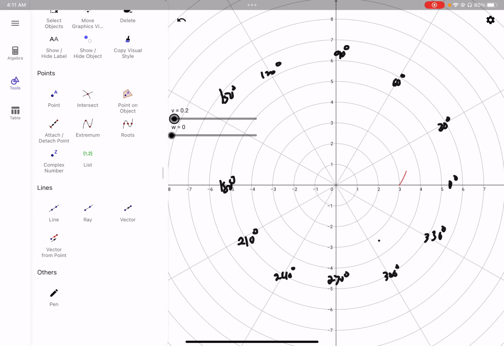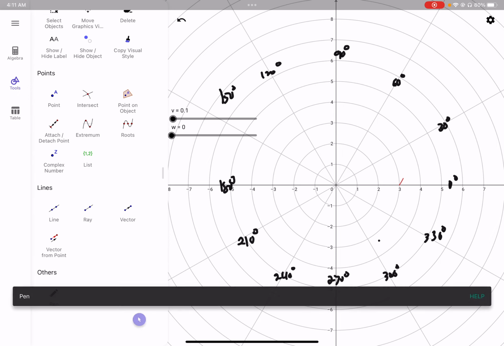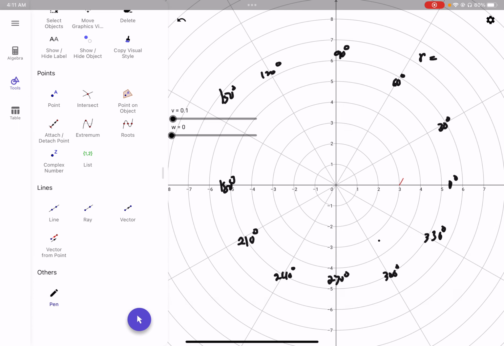So as you can see here, for the limacon, we have our polar curve r = 3 + 2 sin theta. When theta is 0 degrees, sin 0 is 0, so that makes r equal to 3 only.